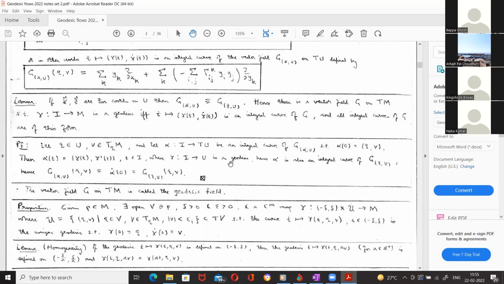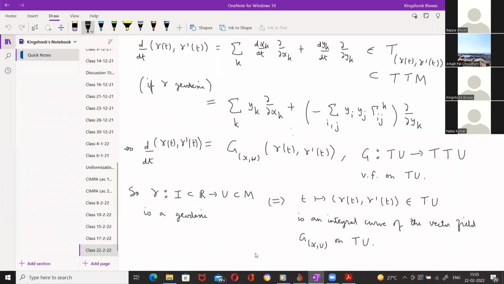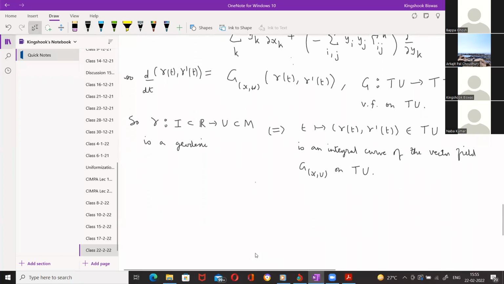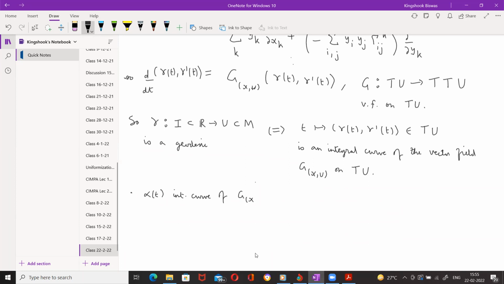That's because, if alpha(t) is an integral curve of G_{X,U}, okay.